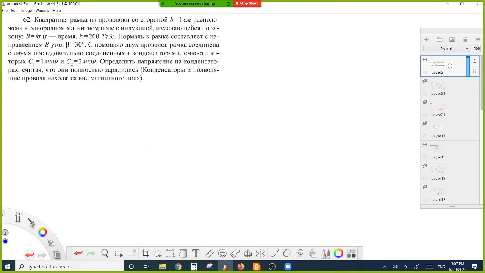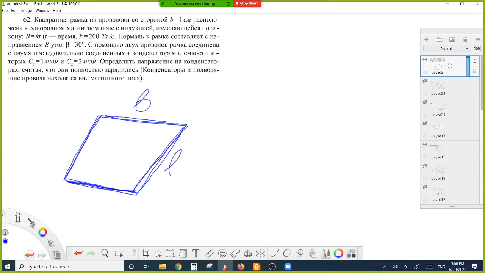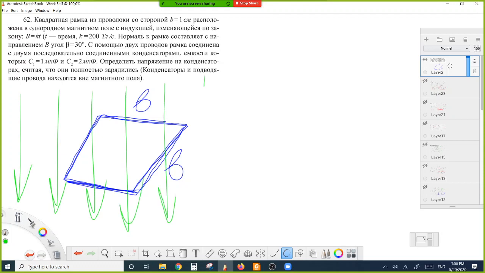We have a square loop with the side of b, which is placed in a magnetic field with magnetic flux density capital B. So these are the magnetic flux density lines, capital B, where capital B is equal to K by T.